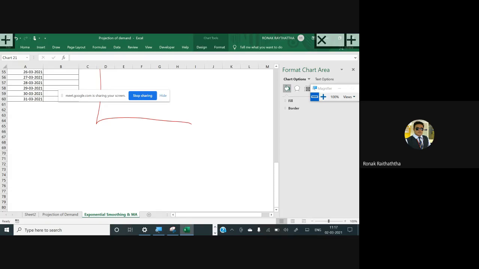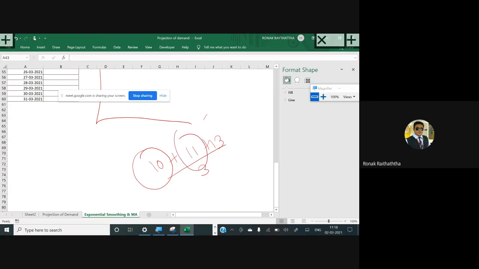When you take the simple average of anything, that means you give the same weights to everyone, right? So if I take 10 plus 11 plus 13, and then divide it by 3, that means I have given the same weight to all three.